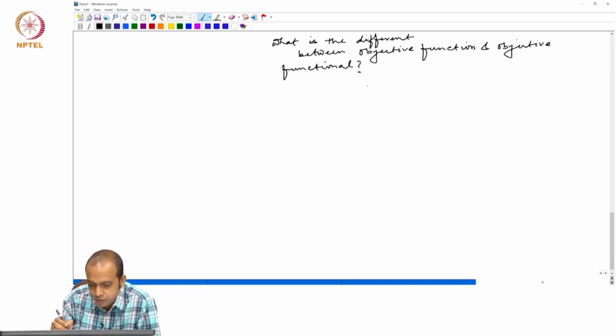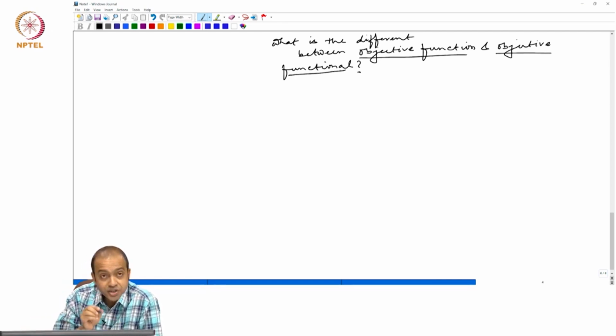Now, this objective function is basically relevant, as I said, in case of static optimization.